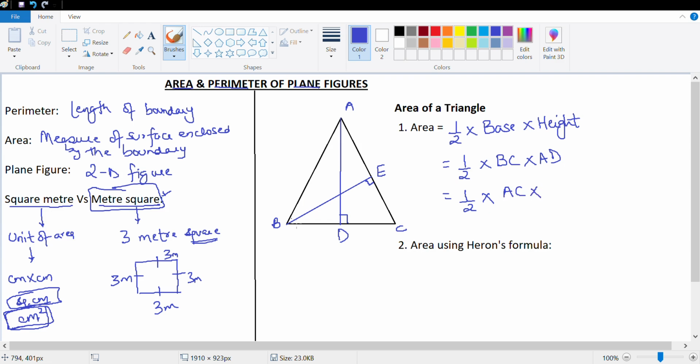And if I take AB as the base, then my height would be from C, let's call the foot F. So the area would be half into base AB into height CF. Perfect. So a triangle can have 3 bases and correspondingly 3 heights.